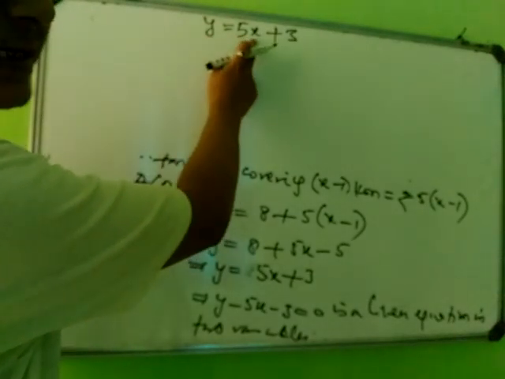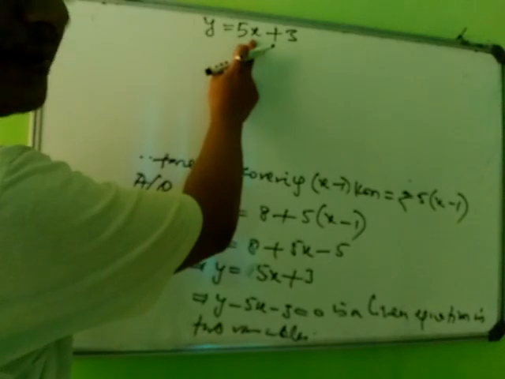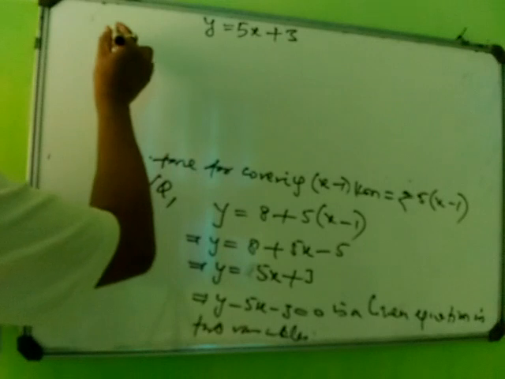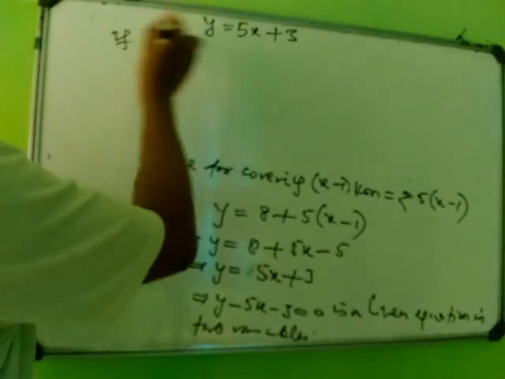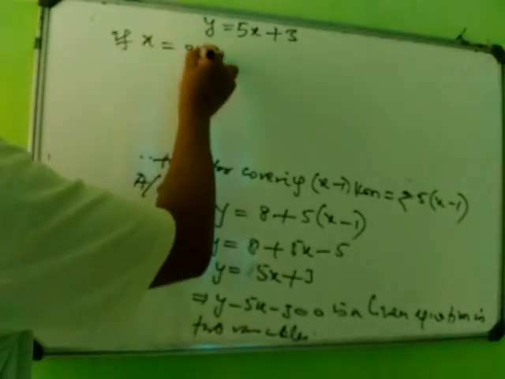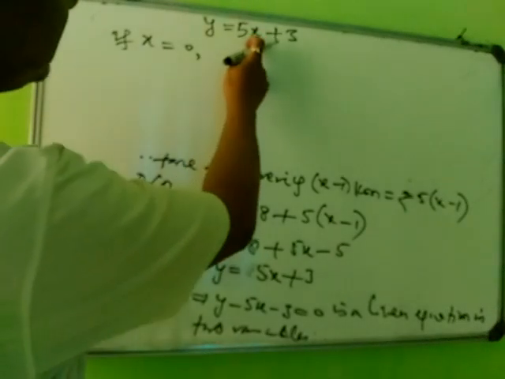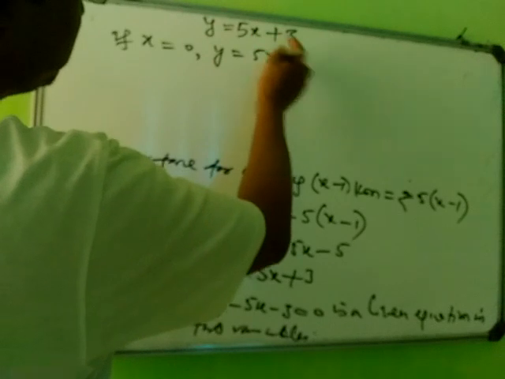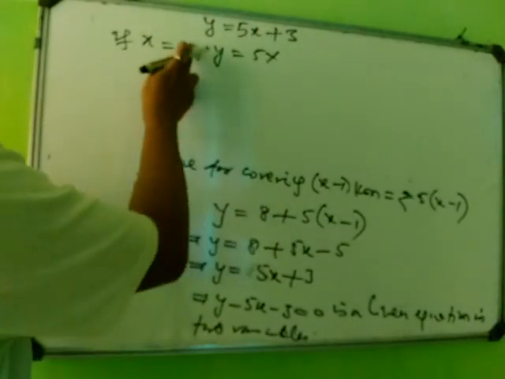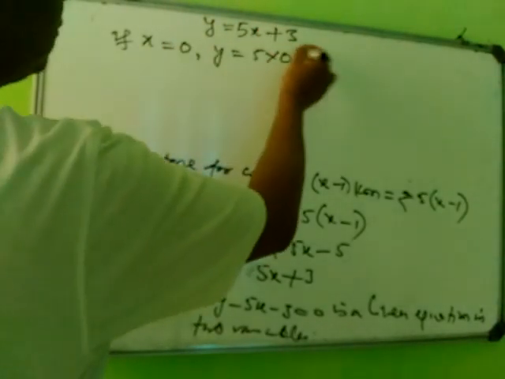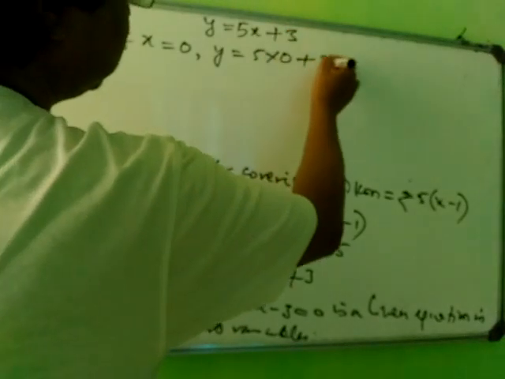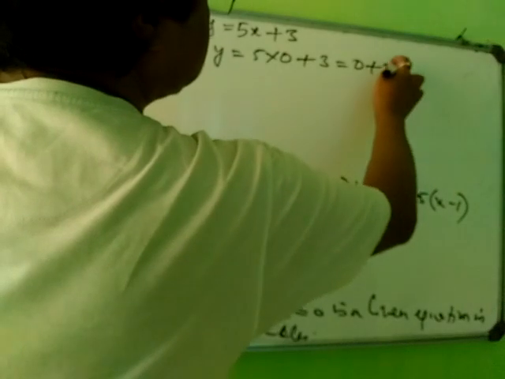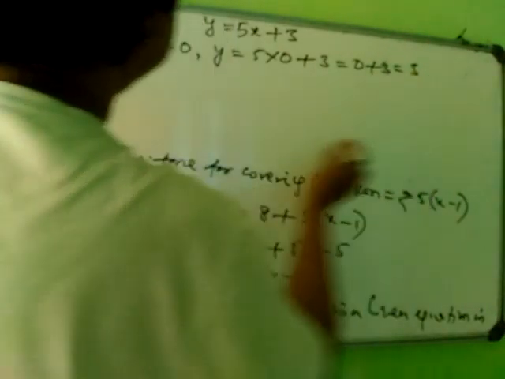You can take x as any integer, maybe 0, plus 1, minus 1, plus 2, minus 2, etc. Supposing x is 0, then y equals 5 into 0, which is 0, plus 3, so you got 3.